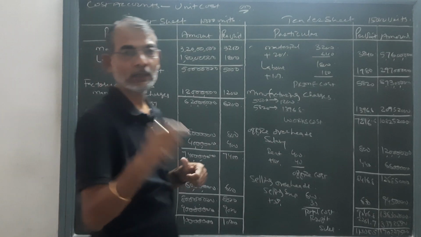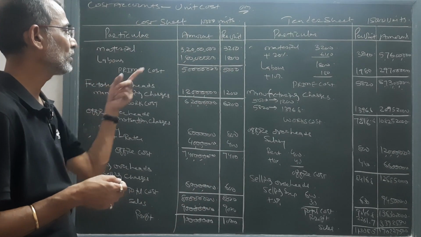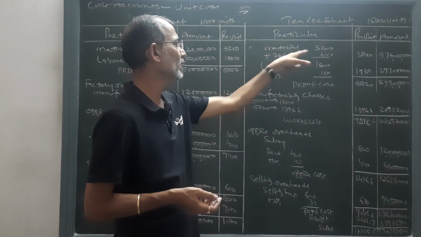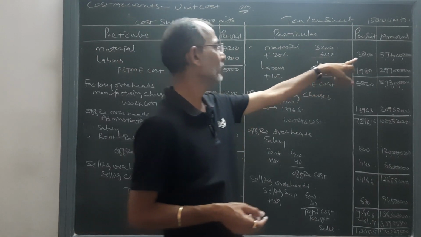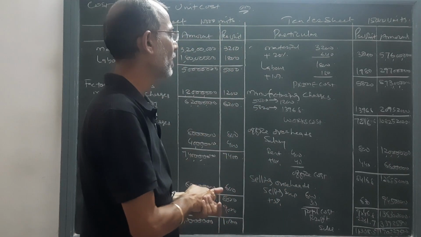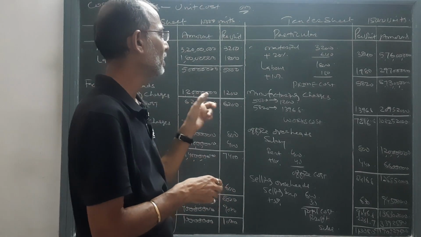Then after we will come to tender sheet. For tender sheet, first of all, it has been said that material cost is to rise 20%. So in 3200 we will add 640 and per unit will be 3840. Multiplying it with 15,000 we will get 5 crore 76 lakh as total material cost.